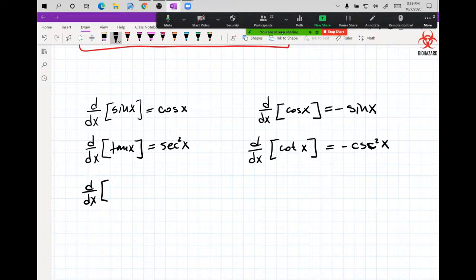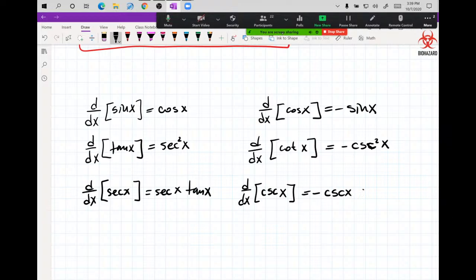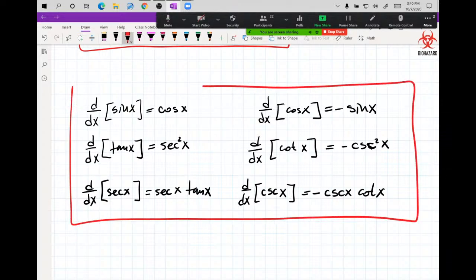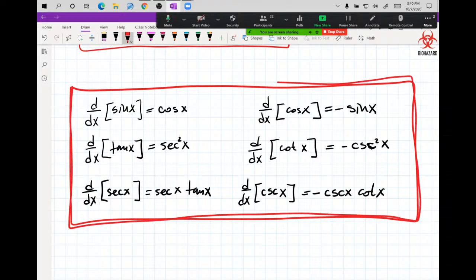The derivative of secant x is secant x tangent x, and finally the derivative of cosecant x is negative cosecant x cotangent x. There they are. 6 trigonometric functions with their derivatives.